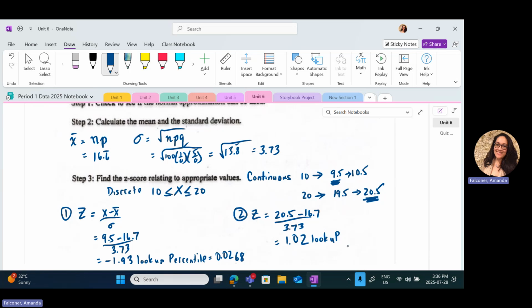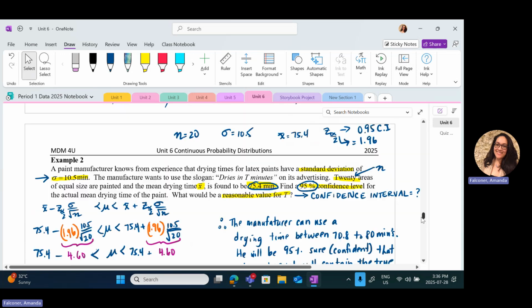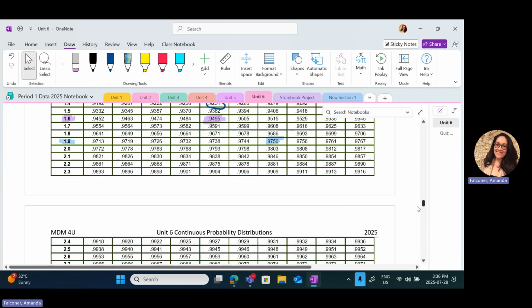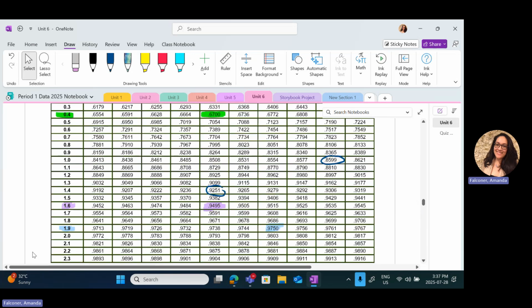I'll just write look up and percentile. 1.02, so I'm going up. It's positive 1.02, and it's going to be 0.8461.